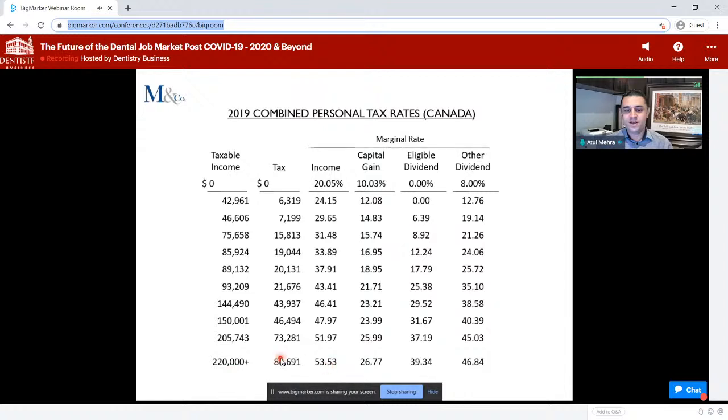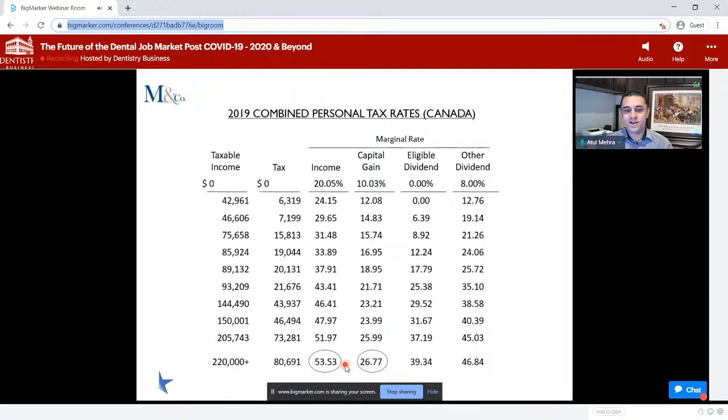And if you make $220,000, the total cumulative tax that you'll pay would be $80,000, taking into consideration all these combined marginal tax brackets. So it can be a significant tax burden when you're earning income in a sole proprietorship on your personal side.